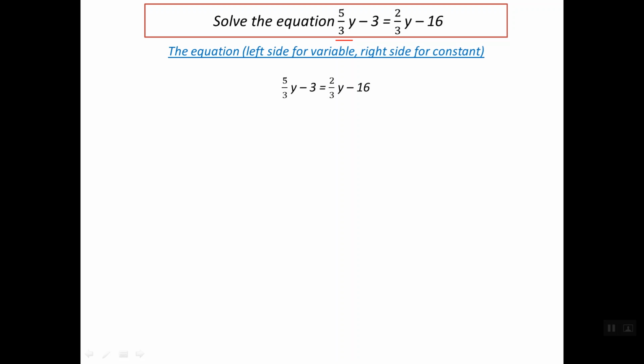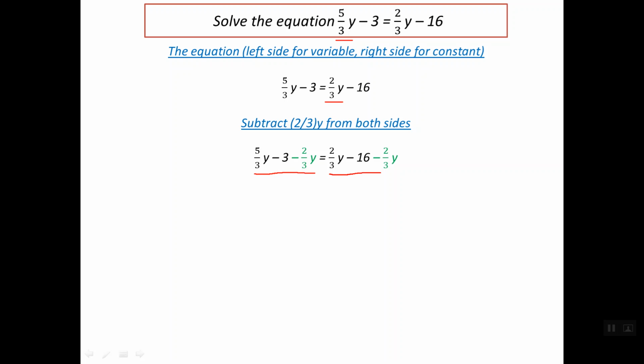Now we need to cancel this term from the right side. So we can simply subtract 2/3 y from both sides. So at the left side we have 5 divided by 3 y minus 3 minus 2/3 y, and the right side 2/3 y minus 16 minus 2/3 y.